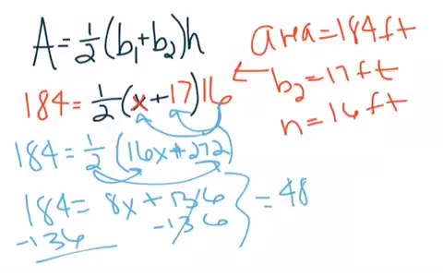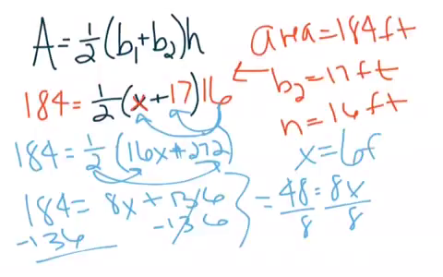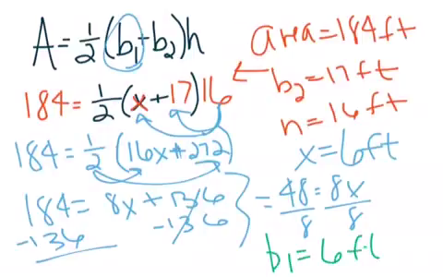So 48 equals 8x. Divide by 8 on both sides. x is going to equal 6 feet. So that's really base 1, because that's what we were looking for originally. So our base 1 is going to be 6 feet.